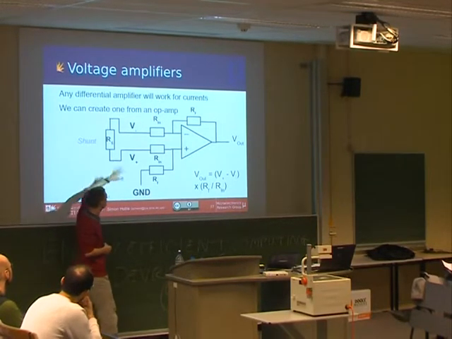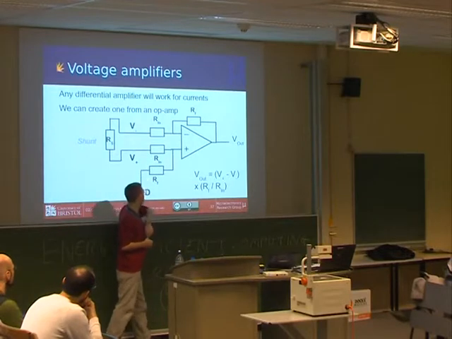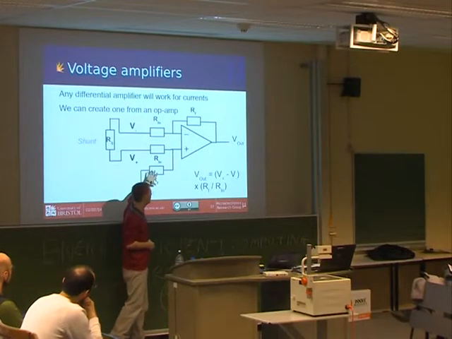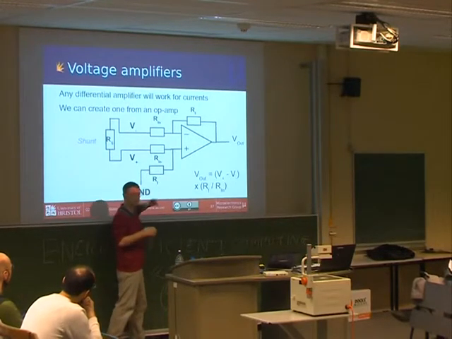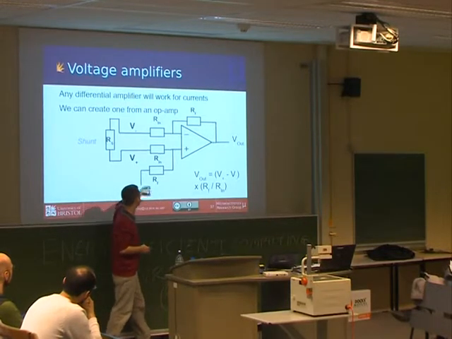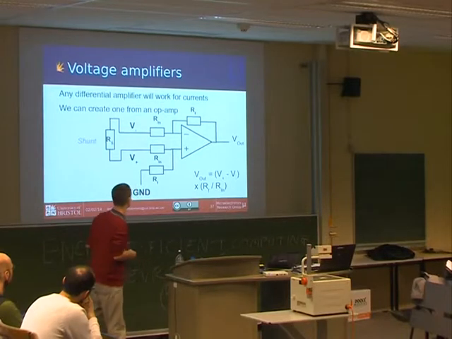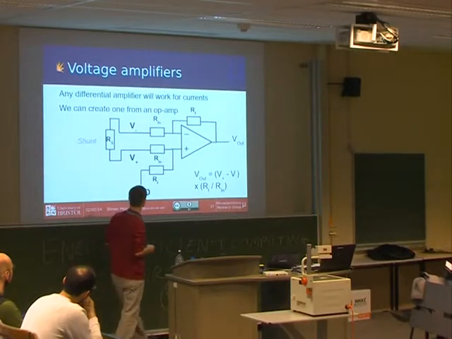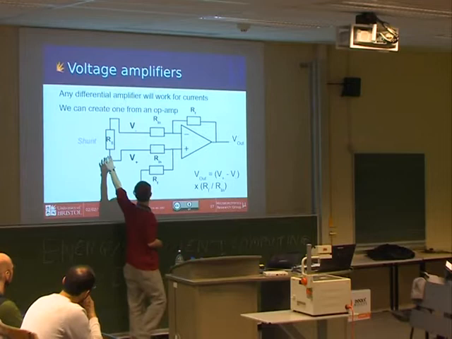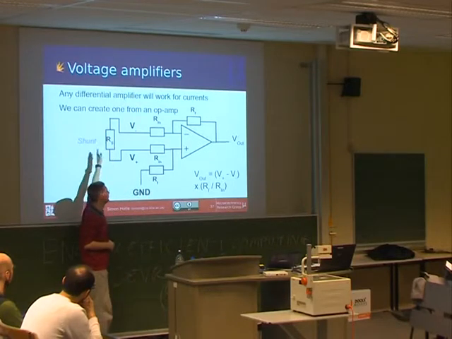And you can set these resistors, so for 50 times gain, I set this one here to 50,000 ohms, this one to 1,000 ohms, and you can find that in any textbook. And then what we do is just take that across the sense resistor part of that power supply.